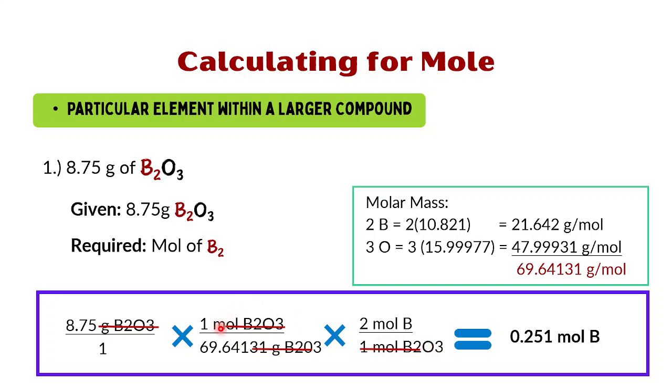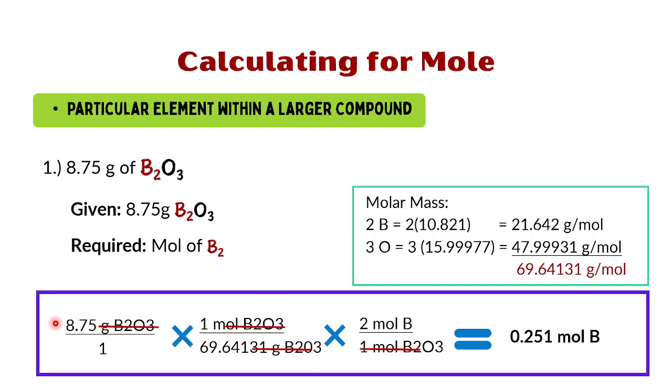and by doing this I can now cancel out the unit mole B2O3, which is still in the numerator of the other variable. So if you arrange it this way, the mole of B2O3 will cancel out, and what's left now is the 2 moles of boron. So that's how we can get the mole of a particular element. Class, the earlier step is only intended for getting the mole of the whole compound.